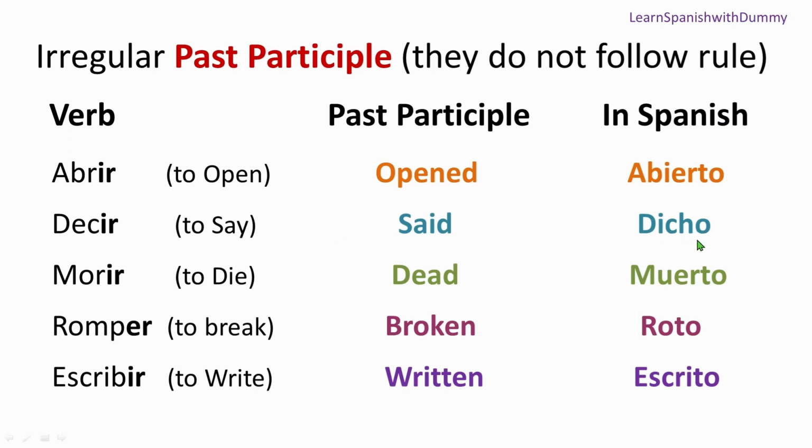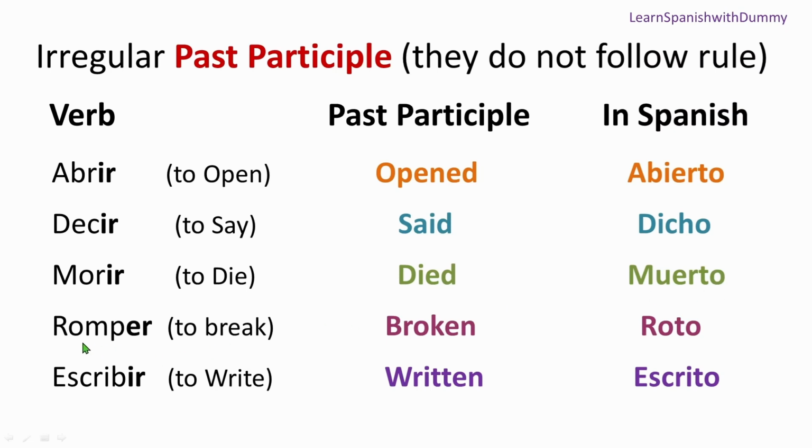Now there is no rule, nothing. This is something you need to remember. Dicho means said. Alright, now we have morir. Morir means to die, right? Now I want to make it died. We say, he has died in the accident. So you say muerto. Muerto means died.